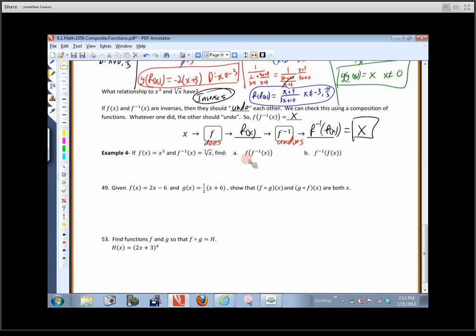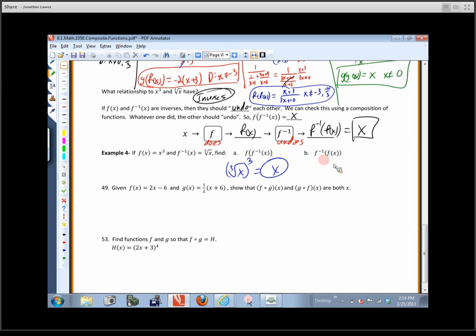So let's say I found f of f inverse. So that would be, take something and cube it. What am I plugging into the cubing function? The cube root. What do these two do to each other? They undo each other, so what's the answer? The answer is x. So I plugged x into f inverse, and then I undid that. I get right back to x.